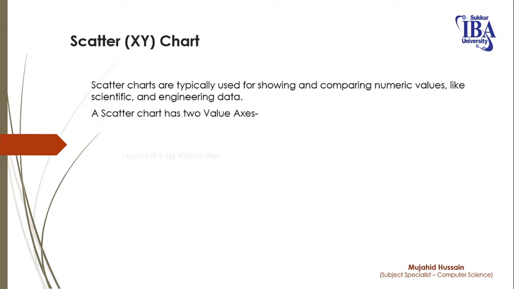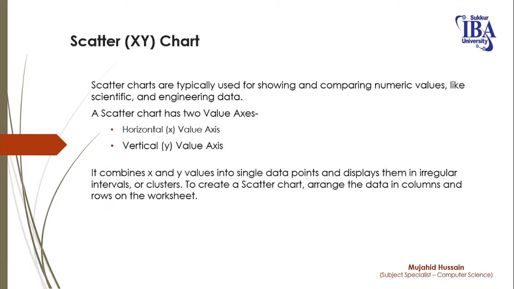A scatter chart has a horizontal x-axis value and a vertical y-axis value. It combines x and y values into single data points and displays them in irregular intervals or clusters.